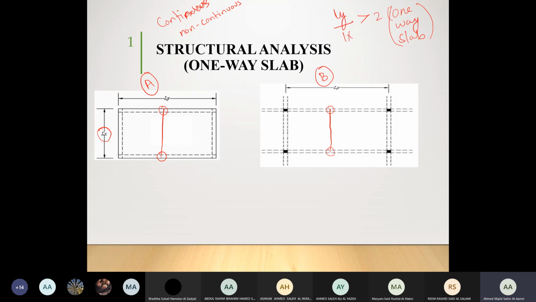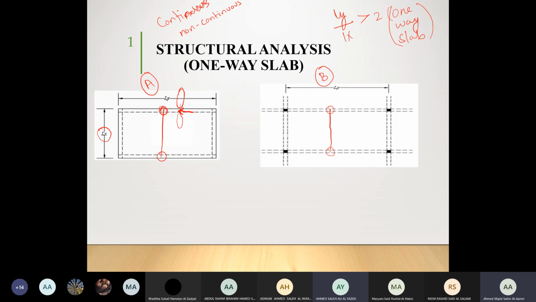Now, if you see this particular slab, if I draw this support here, do we have another slab on the right side, or is there no slab? No slab. On the left side?